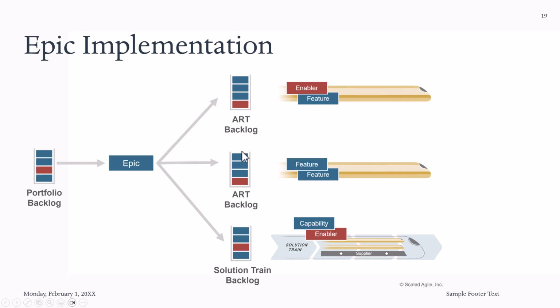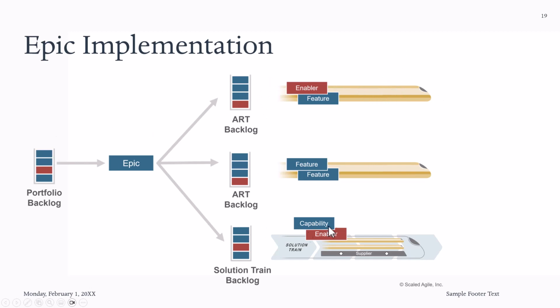When I move to the agile team, this epic has been broken down into features and enablers, and then it's given to a release train. The agile release train has different agile teams that collaborate to start implementing those features. So epic, features, and then implemented by the agile team.